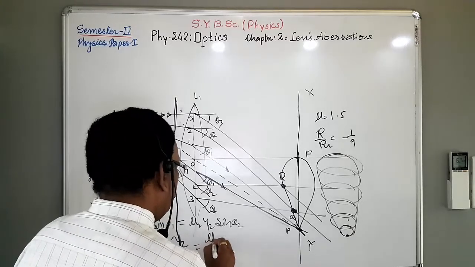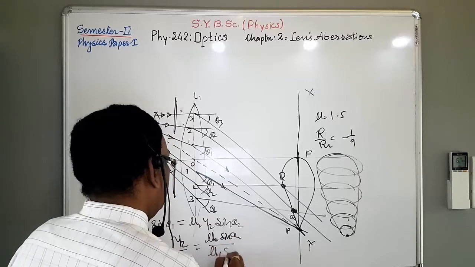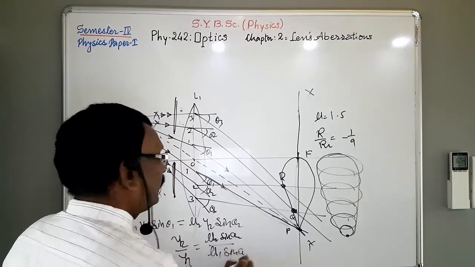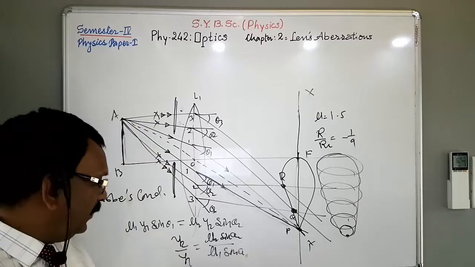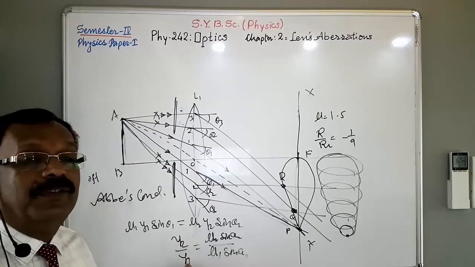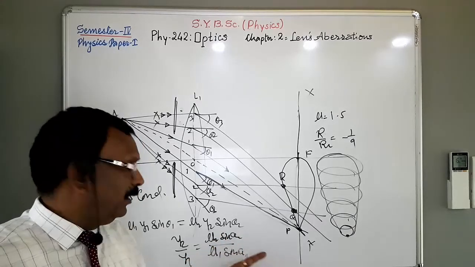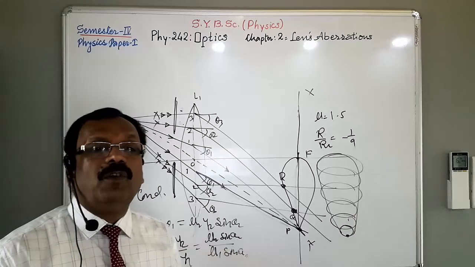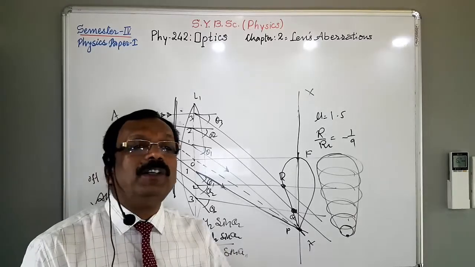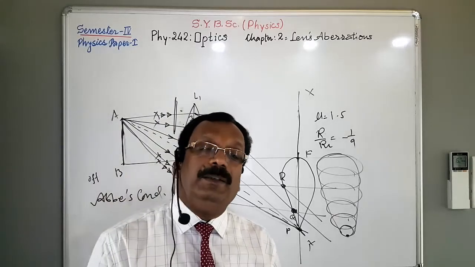From this we can write mu1 sin theta 1 upon mu2 sin theta 2. If the lateral magnification y2 upon y1 is the same for all rays of light irrespective of the sloping angles theta 1 and theta 2, then coma may be eliminated.